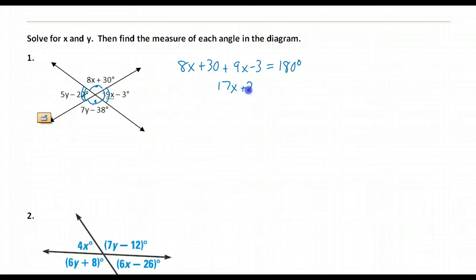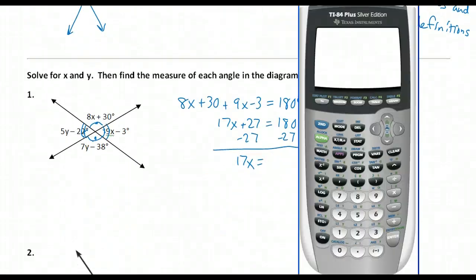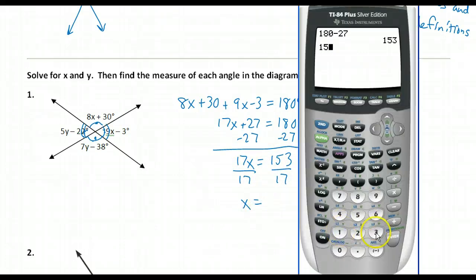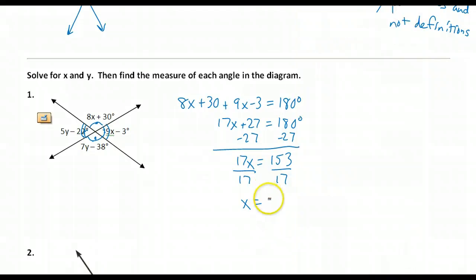Combine my like terms and undo what's happening to x. So I've solved for x.